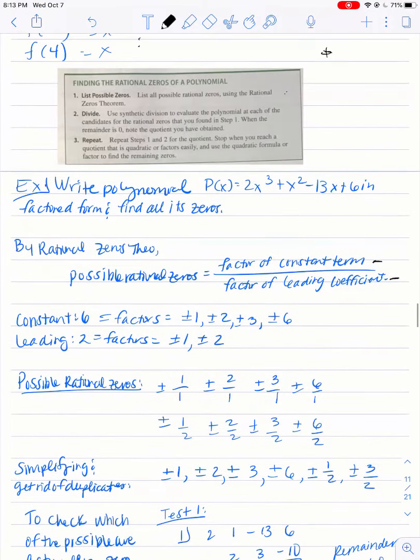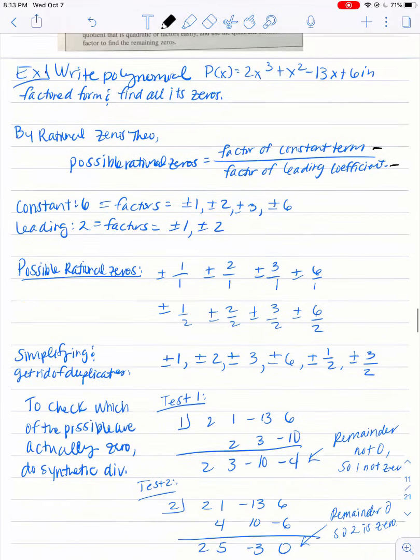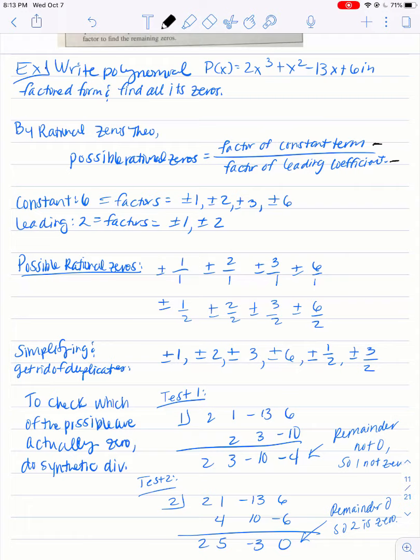Our constant is 6 and our leading coefficient is 2. The factors of 6 are plus or minus 1, plus or minus 2, plus or minus 3, plus or minus 6, and these are all going to be over plus or minus 1 and plus or minus 2.